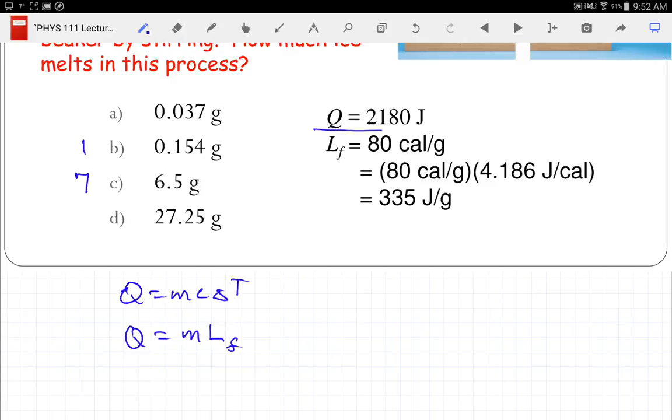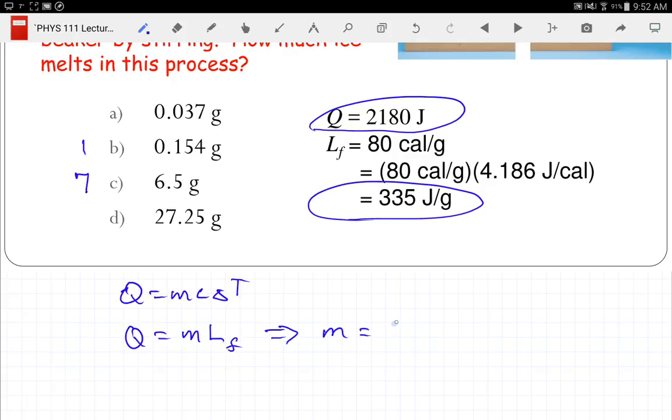So in this problem, we have Q, we have L, so we just solve this for the mass that can be melted. And I'm trusting my math from previously, that's 6.5 grams when I divide the two.